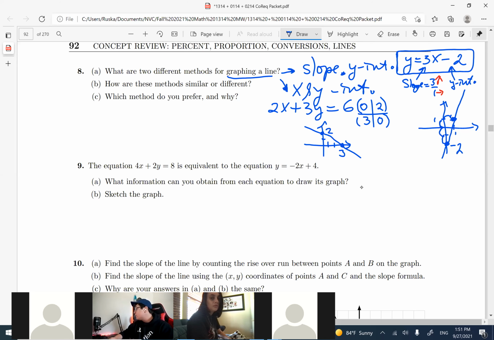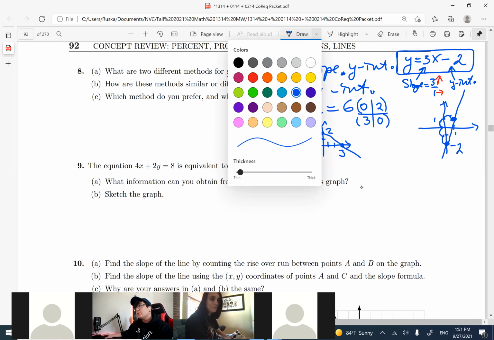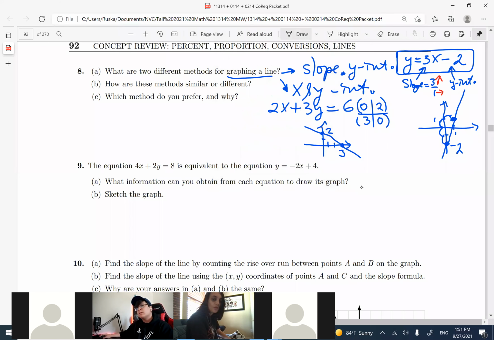Let me go over one of those. I'm confused on how you got 0, 2 for the y. The first number is always x, the second number is always y, right? So when I replace x with 0, all this is 0. 2 times 0 is 0.